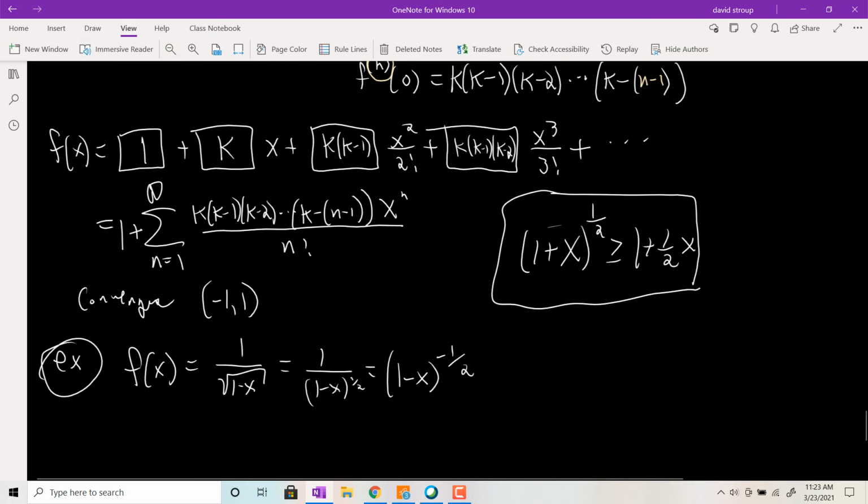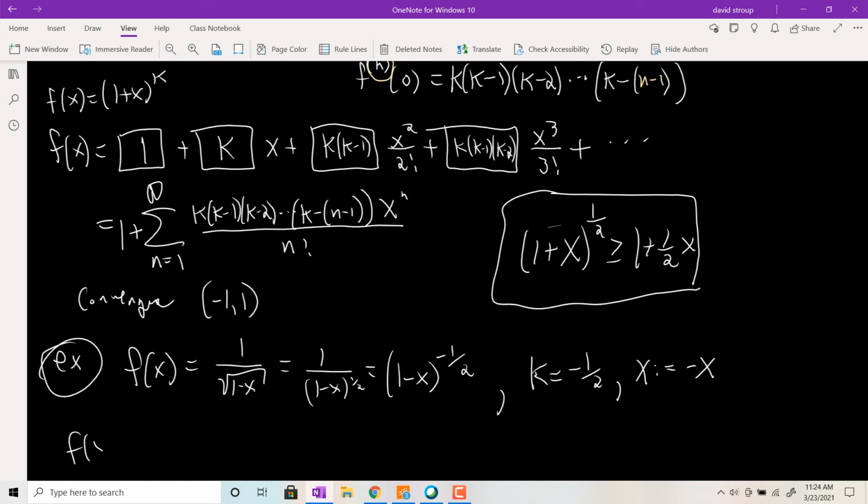So let me zoom out a little bit here, and note we're letting k be negative 1/2, and x is being rewritten as negative x because it's 1 minus x, and originally this is the power series representation for 1 plus x to the k. So you just replace x with negative x and k with negative 1/2.